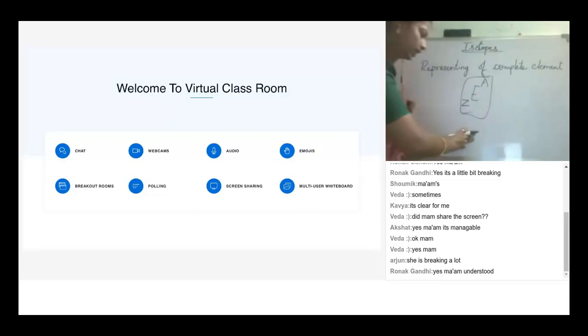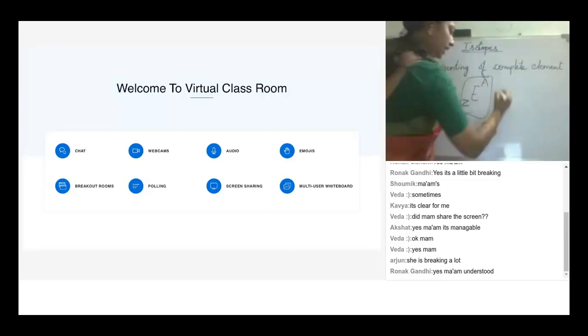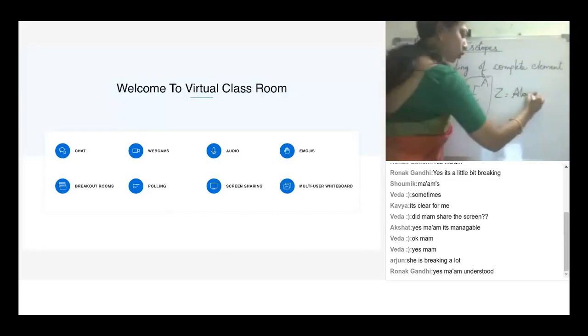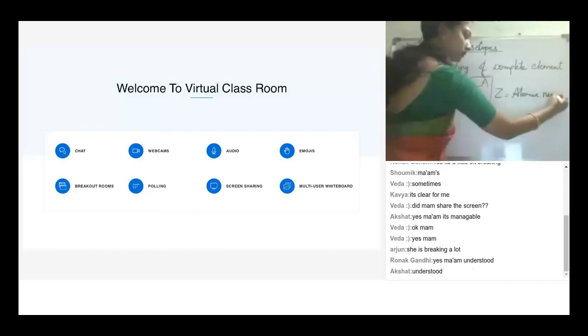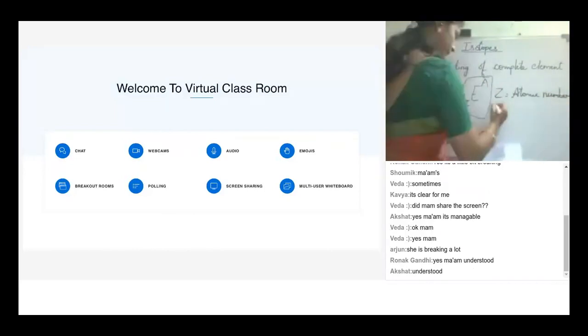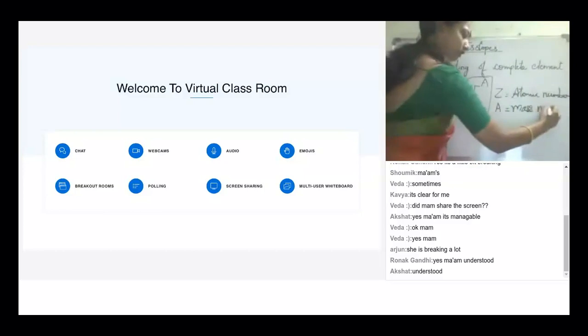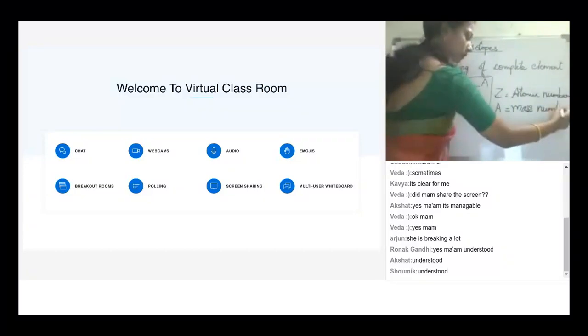Understood? Yes or no? So Z is nothing but atomic number. Who gave the concept of atomic number, children? A is mass number. Who gave the concept of atomic number?